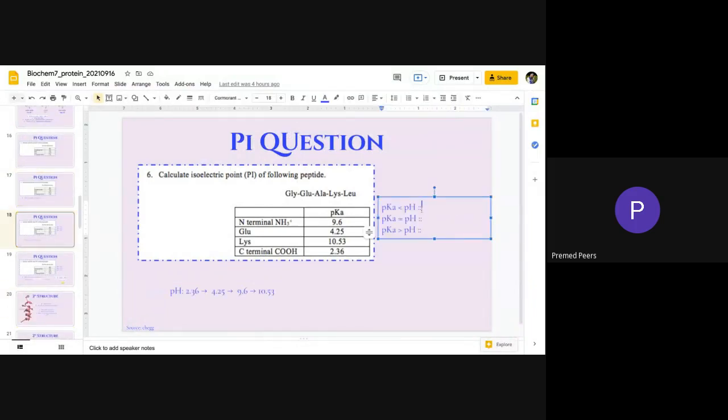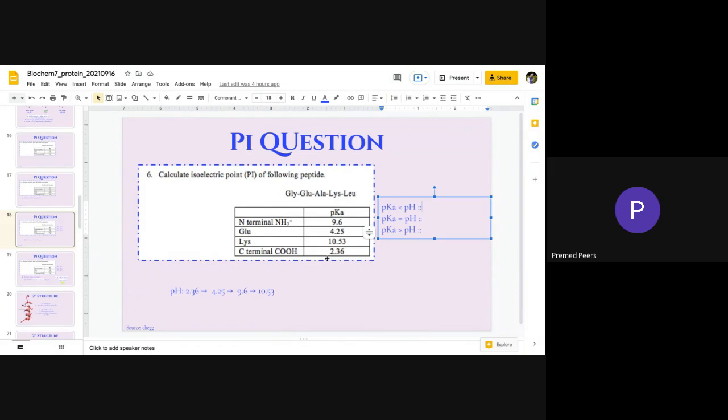The first thing to ask ourselves is what happens if the pKa is below the pH. In a hypothetical situation, say the solution is at pH 7, which is kind of neutral.